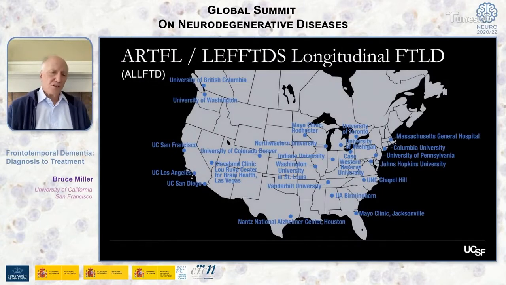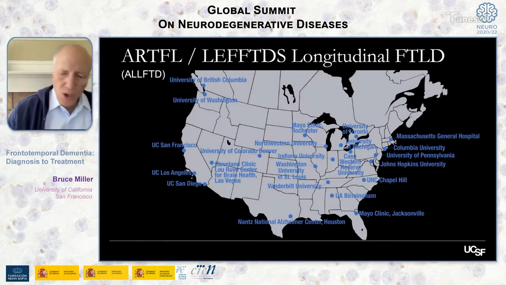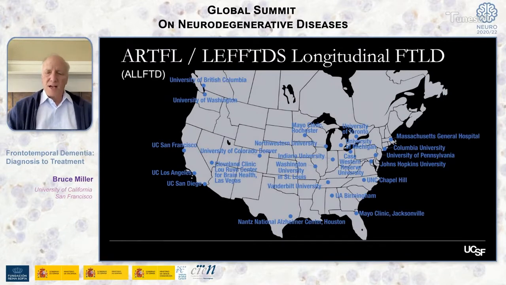Large programs across the United States, of course. Pascual Sánchez is leading major work on frontotemporal dementia in Spain. Also major work being done by Ignacio Illán-Gala and many of the people in Barcelona. Also very important work, Carmen Lage in Santander.